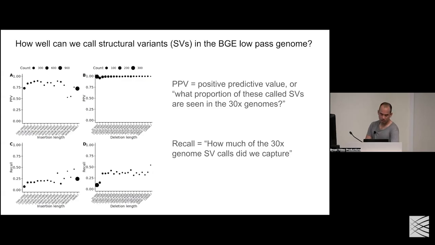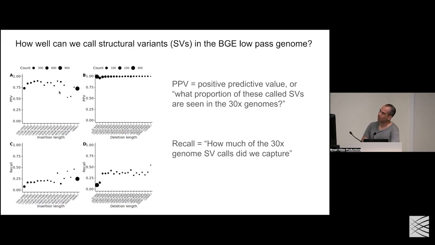We also looked at how well you could capture structural variants in the low pass genomes themselves. I wouldn't say this was a particular use case that people think to do with this stuff, but it was worth investigating as well.